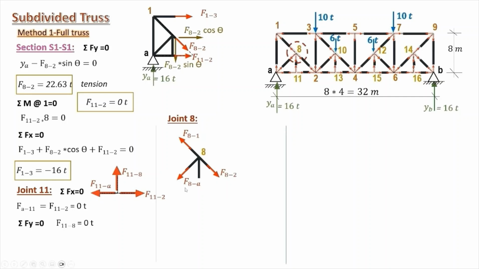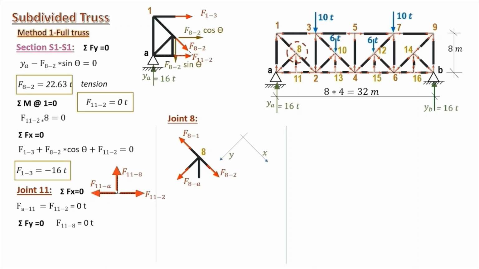And since the direction of the member 8A is perpendicular to the direction of the members 8, 1 and 8, 2, then we can consider this direction as an x-axis and the perpendicular direction here, 8A, as the y-axis.